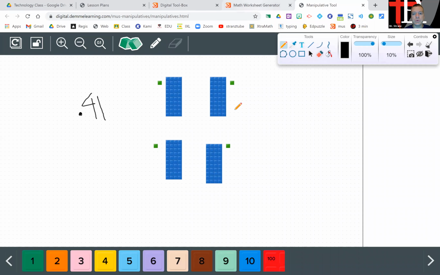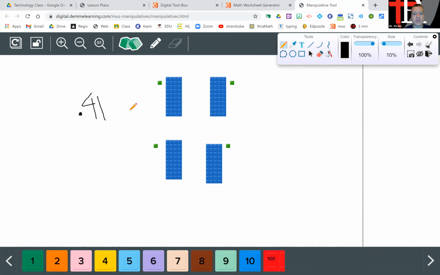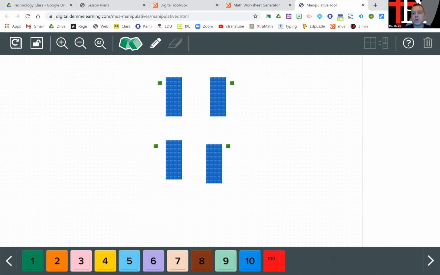If you do 1.64 divided by 4, you get 0.41, just like this. And you can see here that each group has 4 tenths and 1 left over, so 0.41.